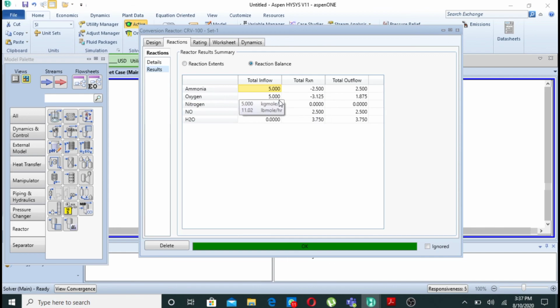Oxygen 5 entered, and this much reacted, and this much has been left out without reacting. At the start of the reaction, no nitrogen, so nitrogen 0. NO, you can see that at the start it was a product, no NO, no water. At the end of the reaction, you see that this many moles of NO and water have been produced.